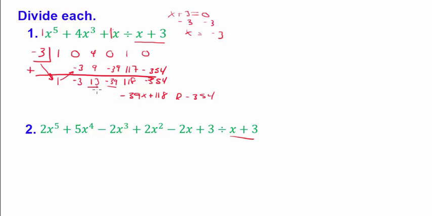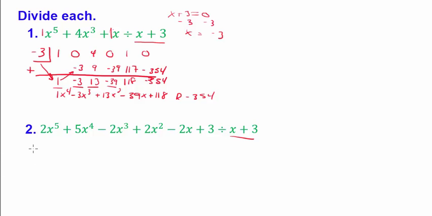The next term is with x squared, so it's plus 13x squared. Next term is x cubed, so negative 3x cubed. And finally, the last term is your x to the fourth, so it'll be positive 1x to the fourth. And so that is your final answer when you divide x to the fifth plus 4x cubed plus x by x plus 3.